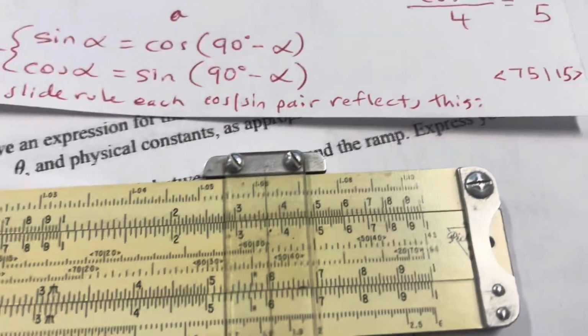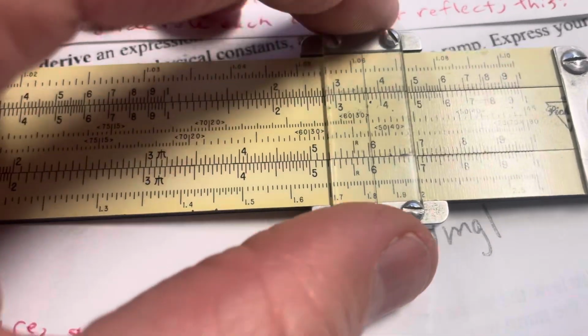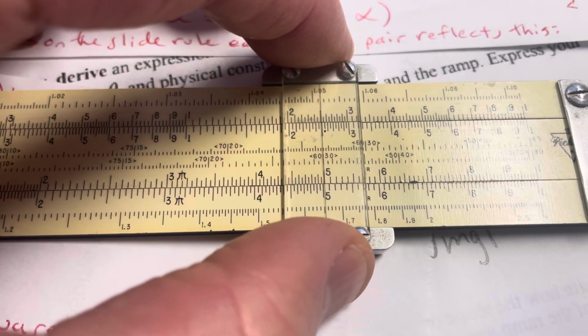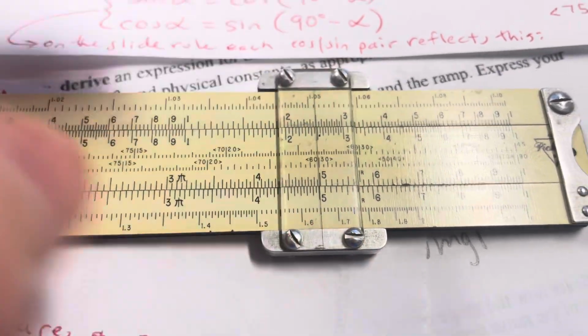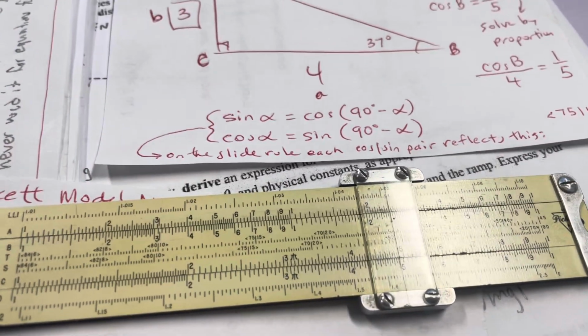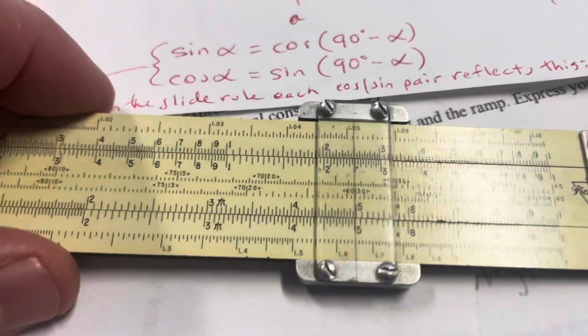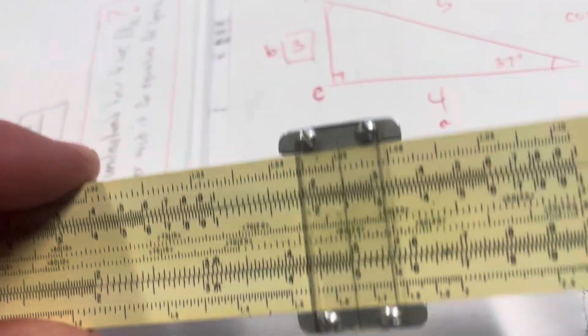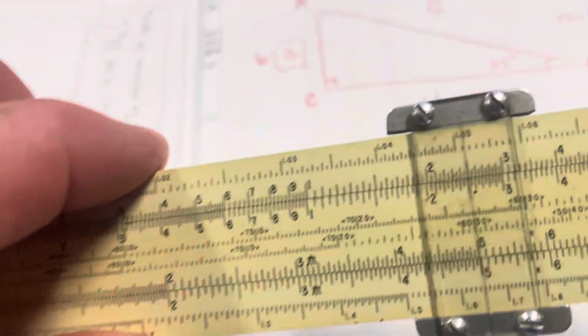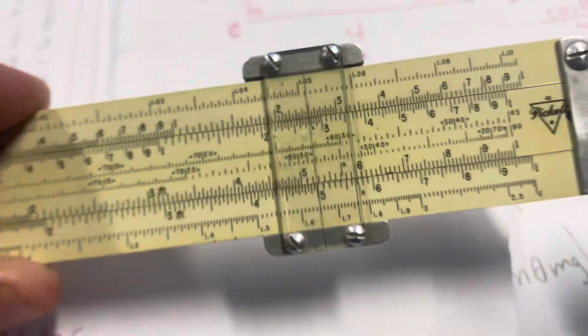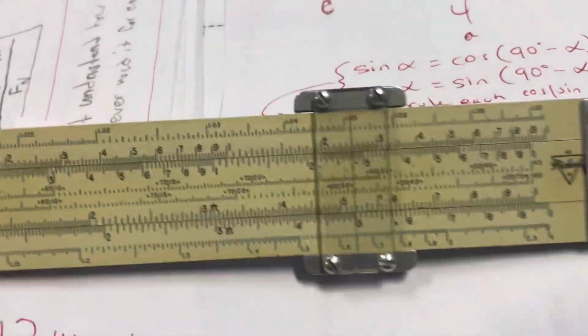Anyway, so what you do is you start off with the 5, and you put the hairline on the 5, which is right there. And then the second step is usually to put the index over the hairline. So if I can move the middle part, which is the hard part, with one hand.